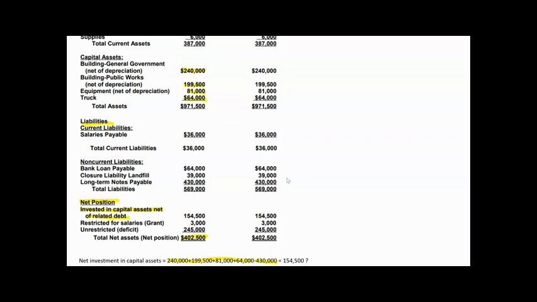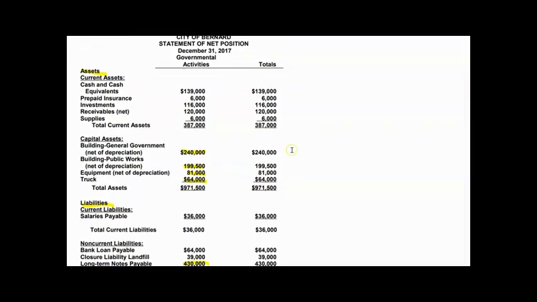That's the total amount of net capital assets. Net means net of depreciation, and then we subtract the total amount of long-term notes payable. Just assume that those long-term notes payable are related to the purchase of those capital assets, and then we get this balance, 154,500. That's how we get this balance over here.